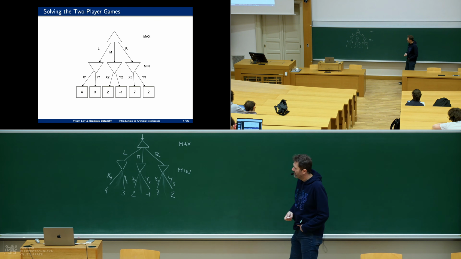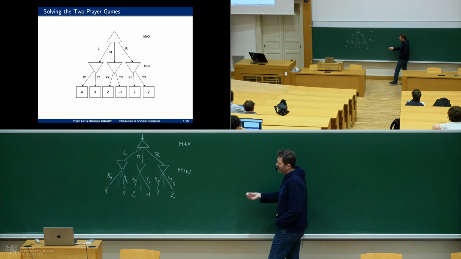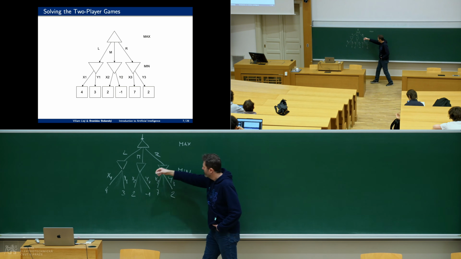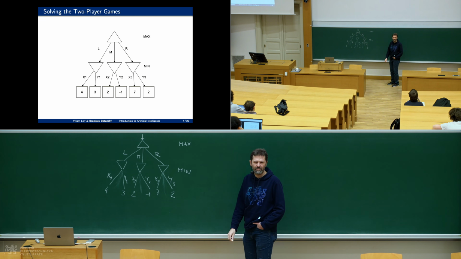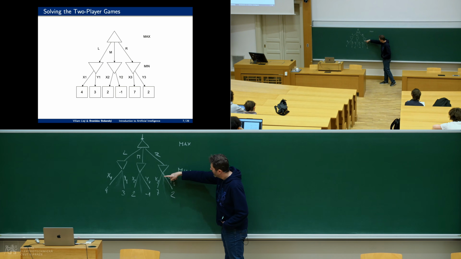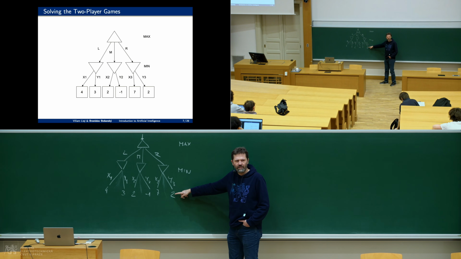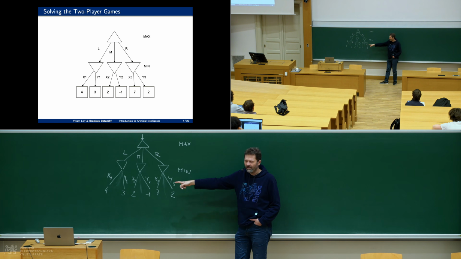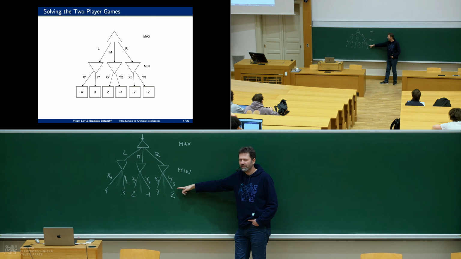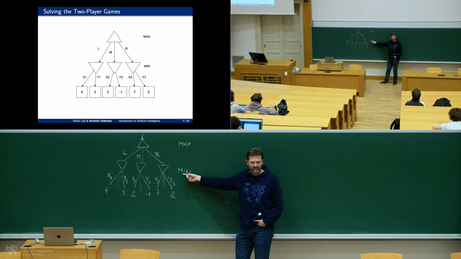However, in games, we have here the second player. So if the first player plays right, the second player doesn't have to play x3. On the contrary, the second player wants to play y3, because from these 2 outcomes, y3 is better for the second player, because the second player is minimizing the utility.